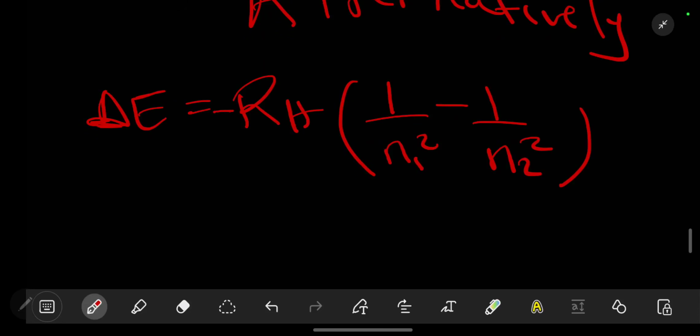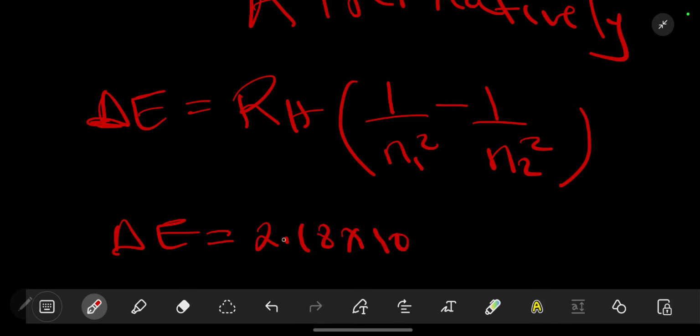If you put a negative on the Rydberg's constant, it means these two have to be interchanged. So in this case, we just say 1 over n1 squared minus 1 over n2 squared. The change in energy should be equal to the Rydberg's constant, which for this one is 2.18 times 10 to the power negative 18 joules.